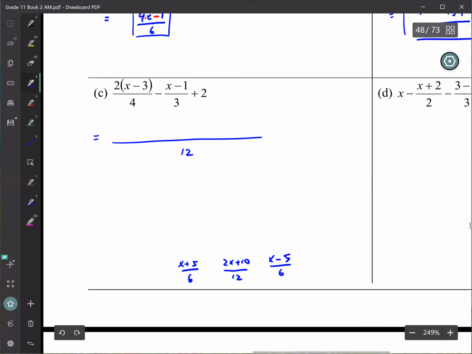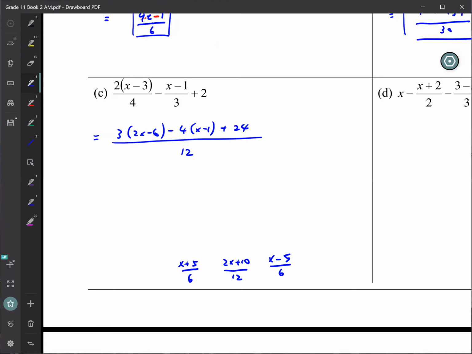Colin, can you tell us what you have on the numerator before expanding? 3 bracket 2x minus 6, minus 4 bracket x minus 1, plus 20, plus 24. Okay, thank you.